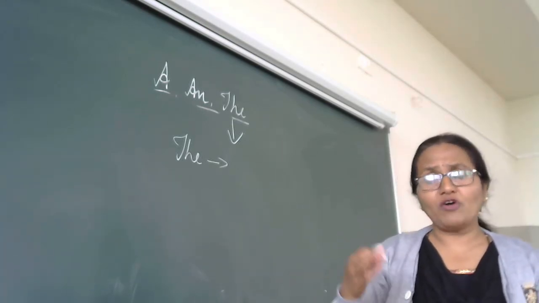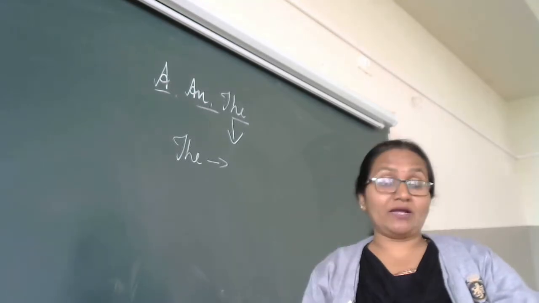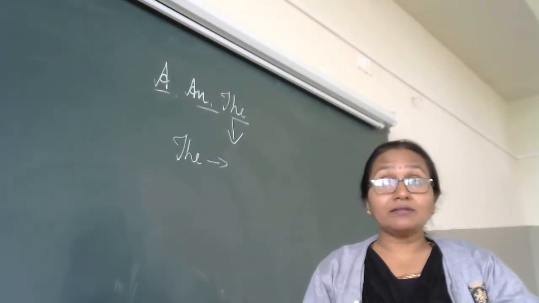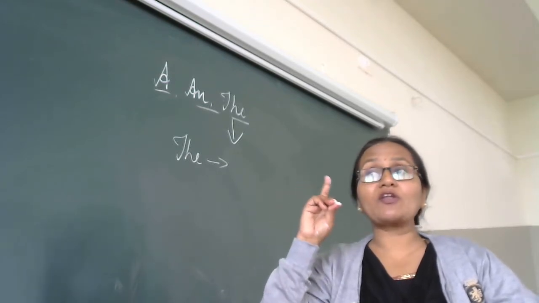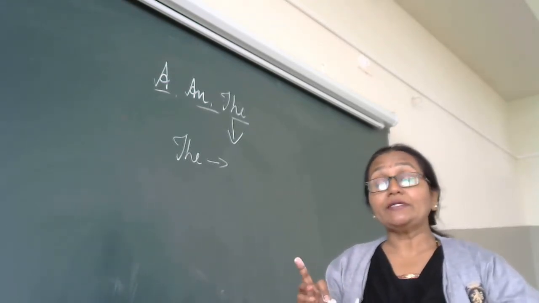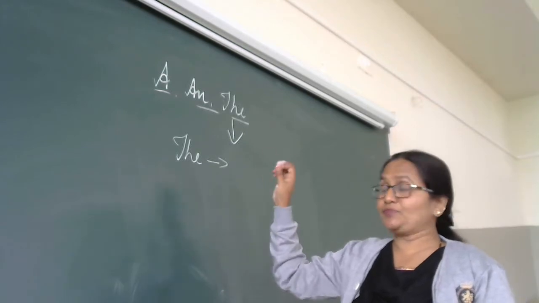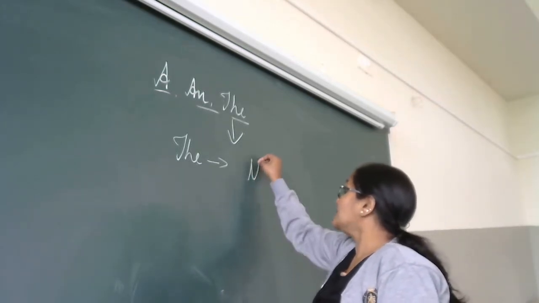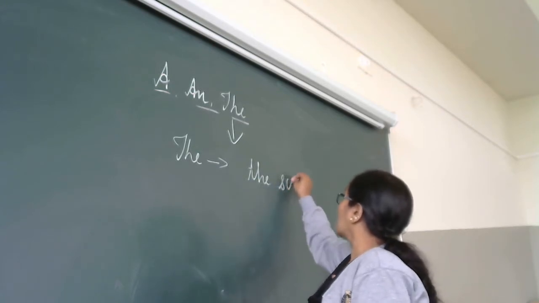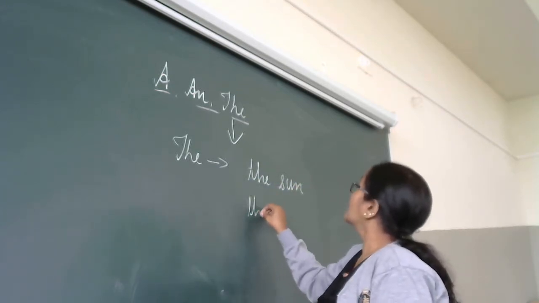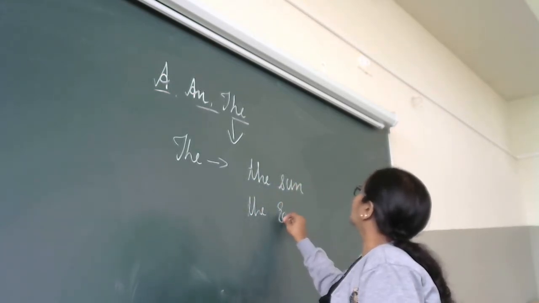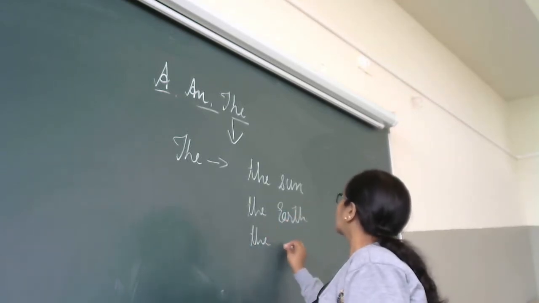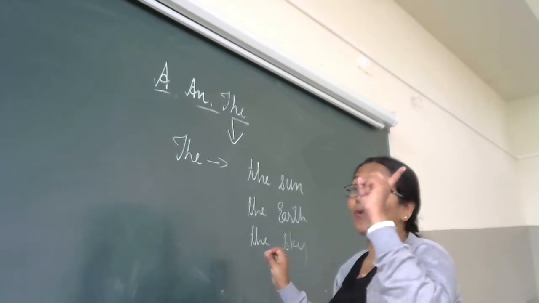For example, the sun, the earth, the sky. Each is only one of its kind. So we say the sun, the earth, the sky.